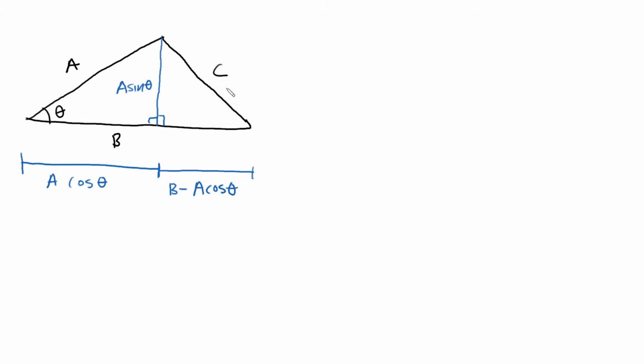So now that we have that, we're going to use the basic idea of the Pythagorean theorem. So we have this side, and the hypotenuse is what we're looking for. So we could simply write, by the Pythagorean theorem, a sine theta squared plus b minus a cosine theta squared equals c squared.